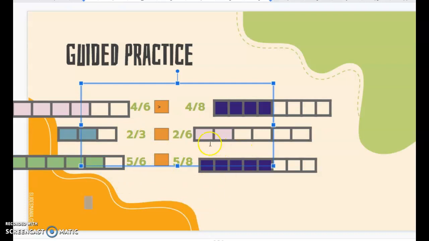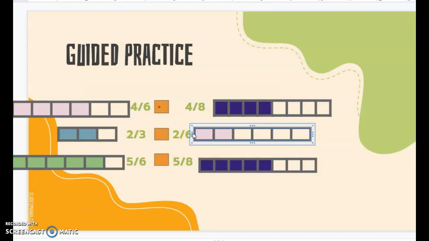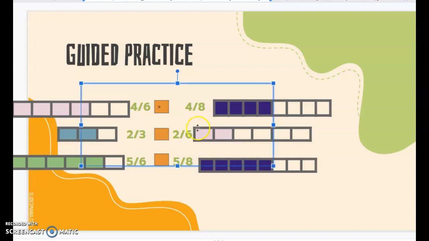Okay, so we can see that with 2/6, even though it's the same amount shaded, you should be able to see that you have more parts of 2/6 that are unshaded than 2/3. And 2/3 is closer to 1 whole than we have for 2/6.